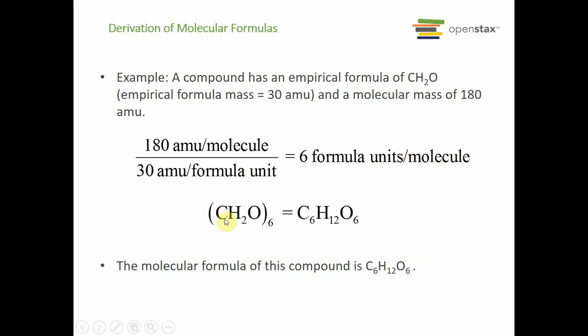So this was the CH2O, and it turns out we need 6 of them. 180 divided by 30 is 6. And so that molecule that has that empirical formula and a molecular weight of 180 is C6H12O6. They're probably referring to glucose. But there could be other isomers that have the same molecular weight.